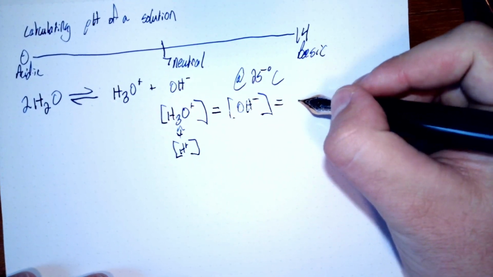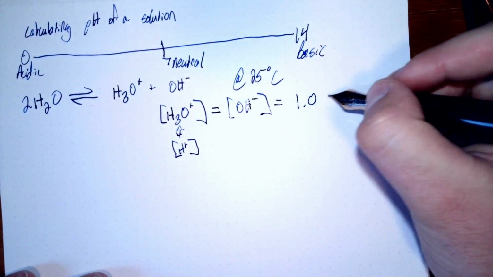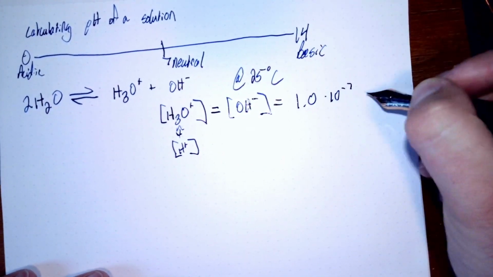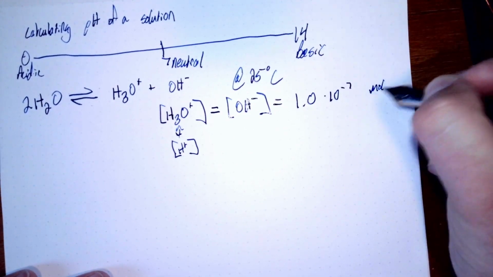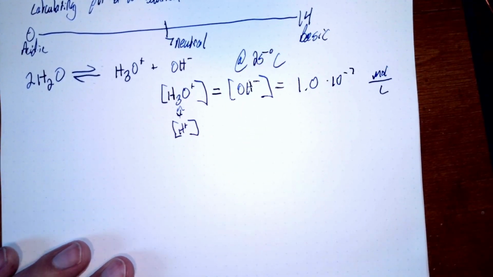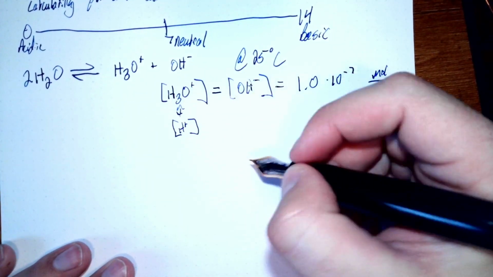At 25 degrees Celsius, we would find that this has a concentration of 1.0 times 10 to the minus 7 moles per liter.